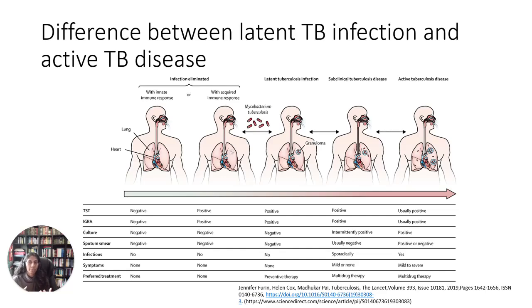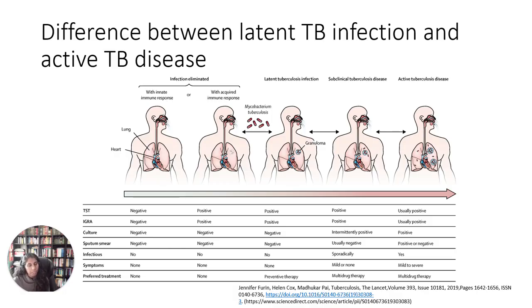There are still mycobacteria there, but because the infection is walled off, there's no spread of the bacteria elsewhere and there's no active disease. The person doesn't have symptoms. These people have latent TB infection. Their tuberculin skin test and interferon gamma release assay will be positive, but they have no symptoms, and they do need treatment for latent TB infection to prevent progression to active TB disease.